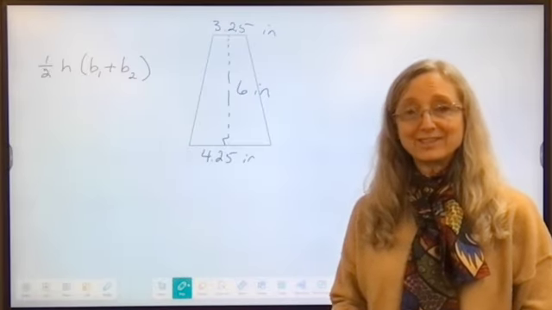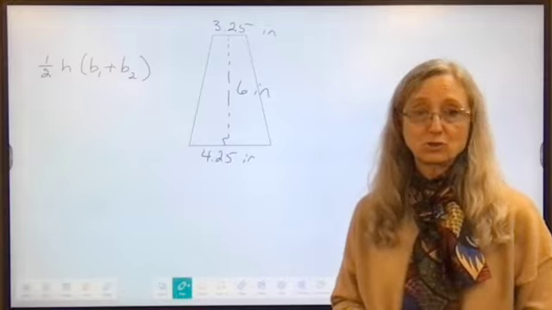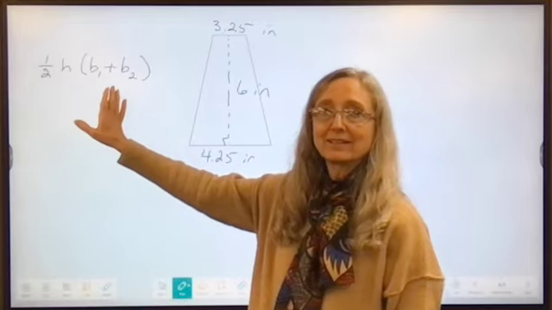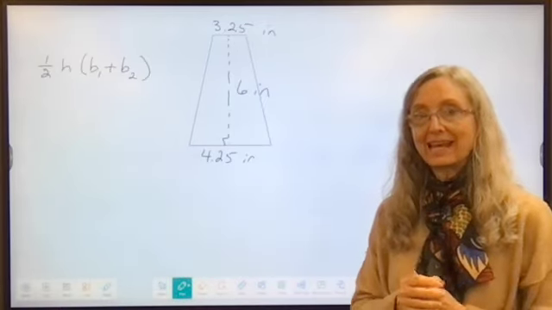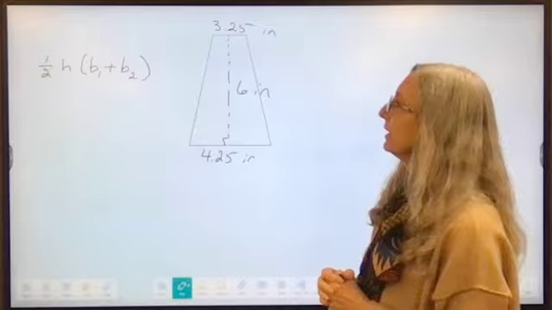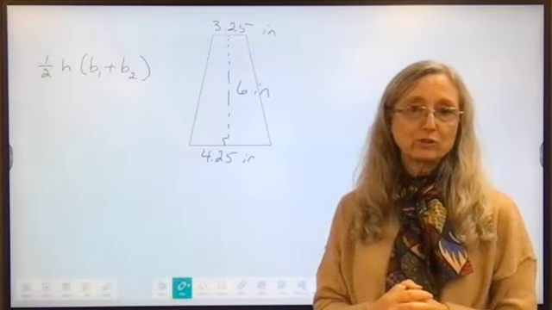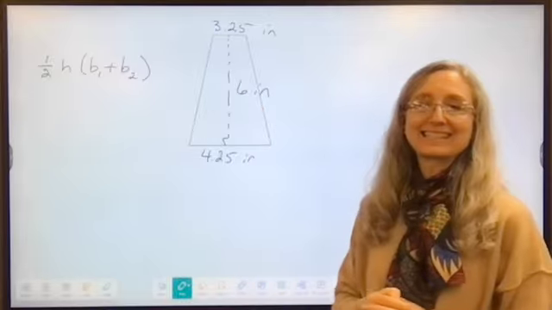Let's walk through the process of finding the area of this trapezoid. Here's my formula: 1/2 times the height times the two bases added together. One base is 4.25 inches, the other is 3.25 inches, and our height is 6.